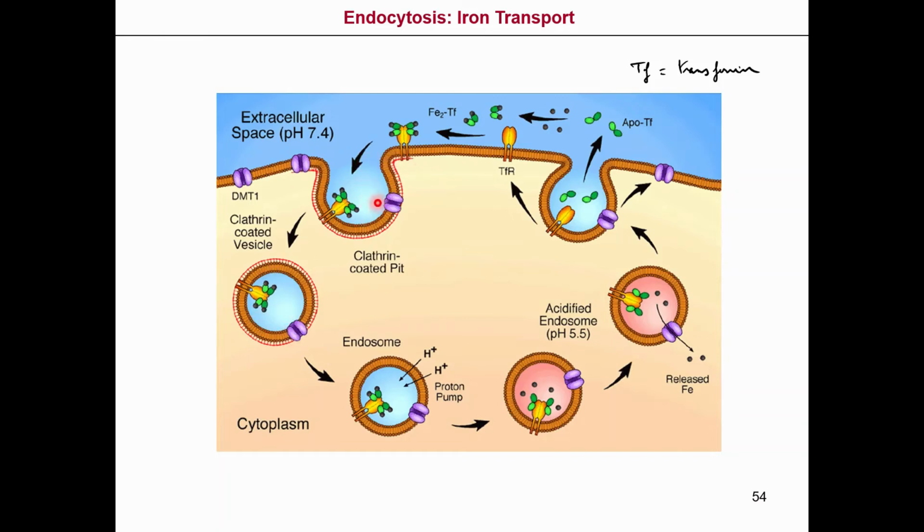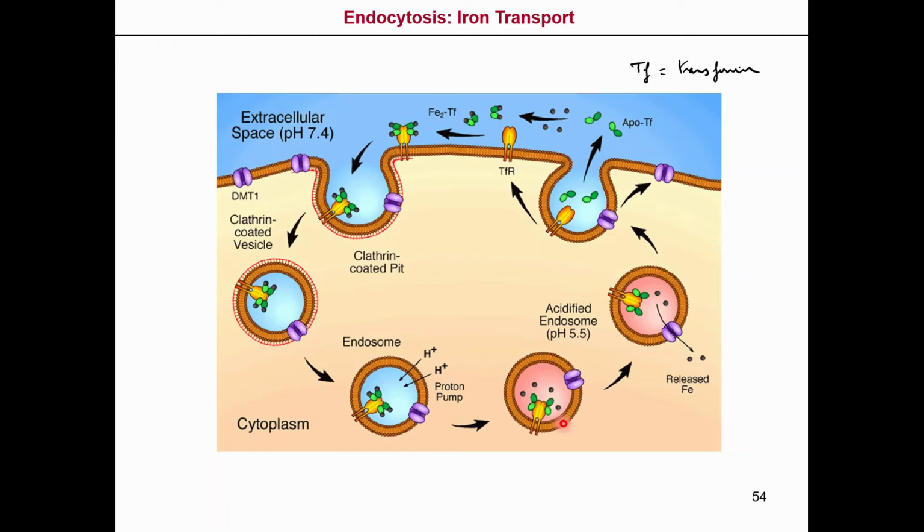So the iron-bound transferrin is then internalized in the cell by receptor-mediated endocytosis. Following the formation of the endosome, by the proton pump, the endosome medium will become acidic, and then the iron will be released from the transferrin.